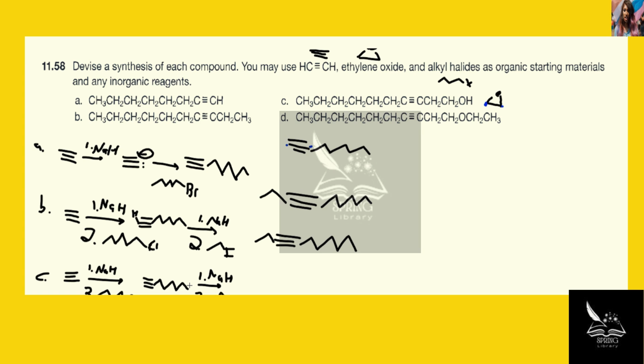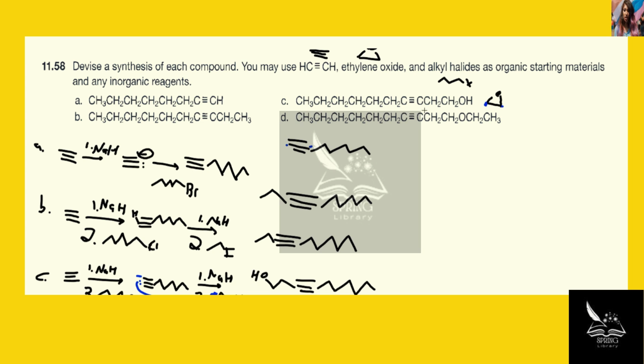The carbanion can attack either side, making a bond and breaking a bond, so the ring pops open. Then you'll be left with an O minus, but we need an OH. How do you neutralize O minus? In the past, we've just added water. If you add water, you'll have an alcohol at the very end and no charges left. So you have your 2 carbons and then your OH.